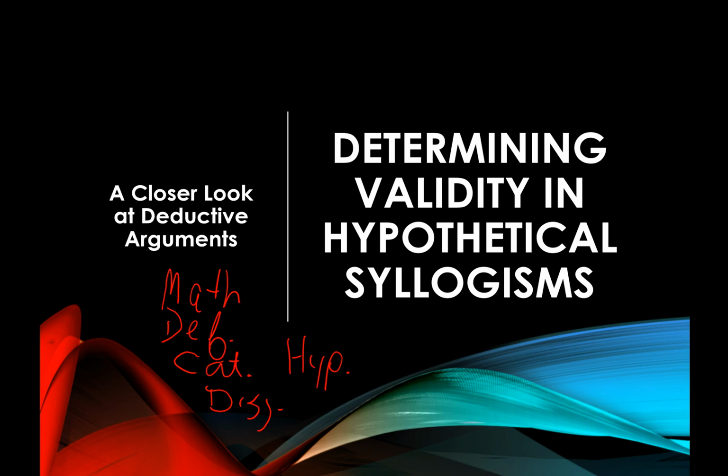So this week we are looking at how to determine validity in hypothetical syllogisms only. Those are the if-then syllogisms, and a syllogism has two premises, one conclusion. And there are some formulas. As long as you know how to inspect the form of a hypothetical syllogism, you can apply a formula to it and figure out whether it's valid or invalid.